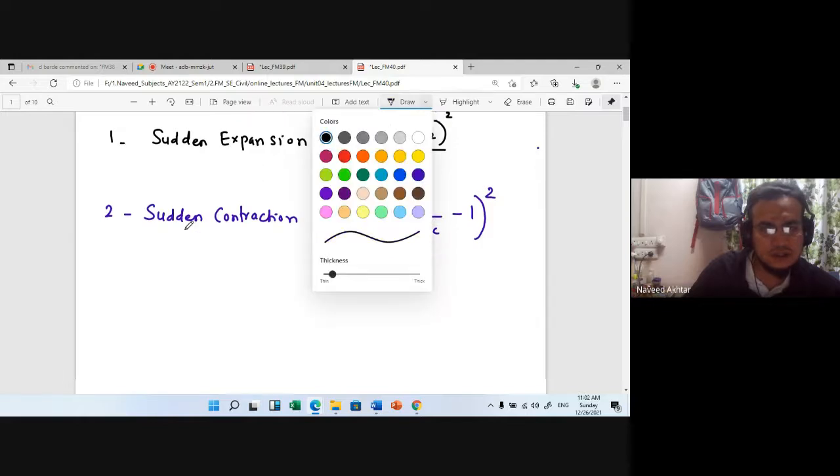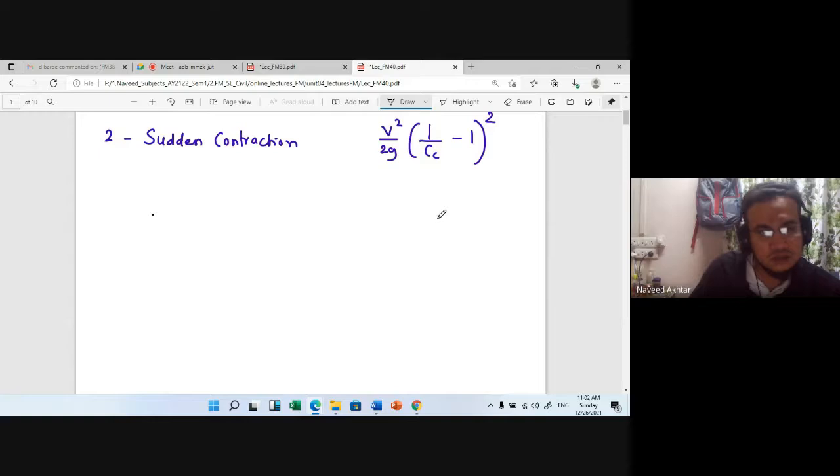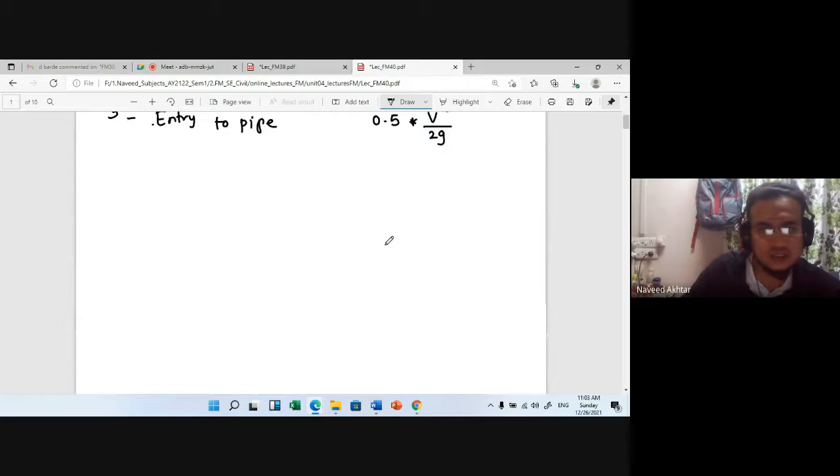Then third one, entry to the pipe, entry loss to pipe. This is also a minor loss. It is nothing but 0.5 times V square upon 2g.